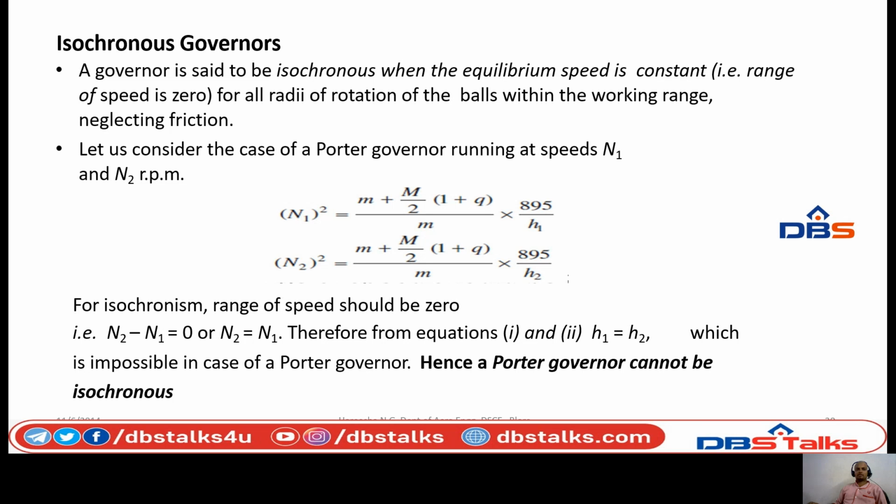For an isochronous governor, the range of speed should be 0, so N1 minus N2 or N2 minus N1 is equal to 0. Therefore, from this equation, h1 is equal to h2 or N1 is equal to N2, which is impossible in the case of a Porter governor. Hence, the Porter governor cannot be an isochronous governor.